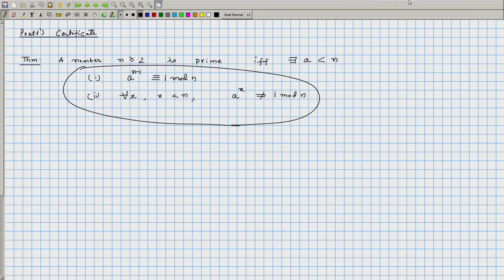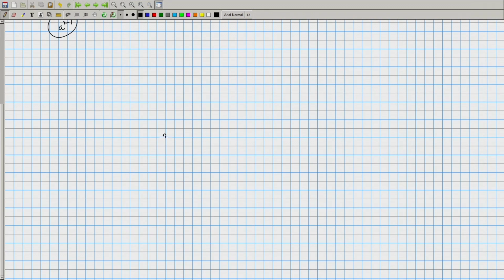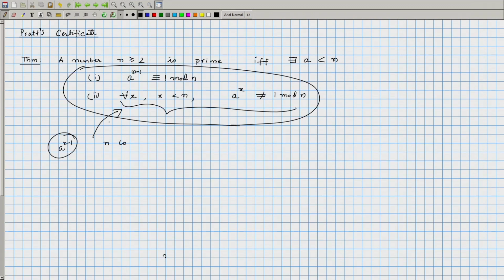So, if we can take that a and do these computations, that would suffice. But again, here there are a lot of computations. First of all, we have to compute a to the power n minus 1, which by repeated multiplications we can do, but in the second step we have n computations.